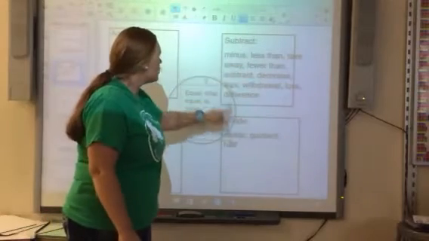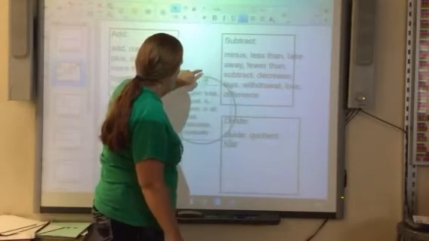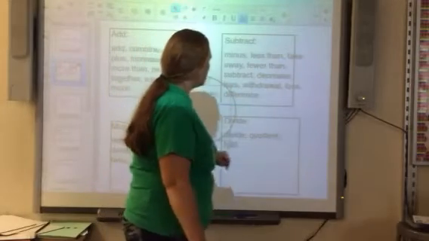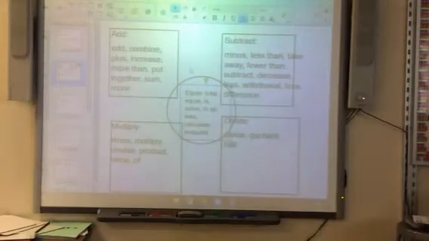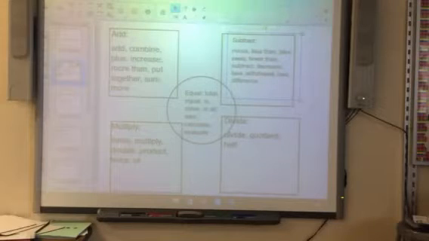All these words mean subtract: minus, subtract, less than, difference, loss, take away, fewer.